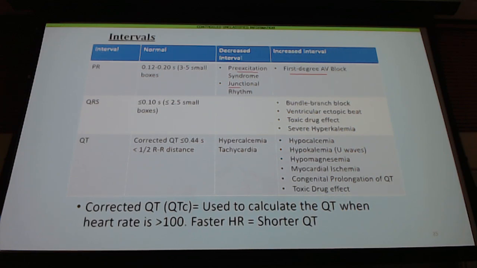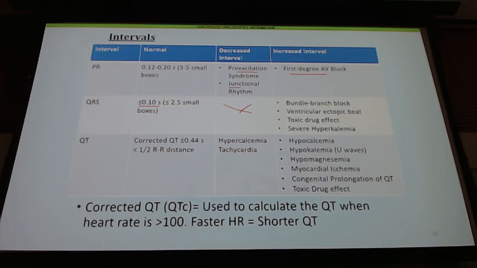When we look at QRS, normally it should be less than 0.1 second or less than 2.5 small boxes. You can see there's really not a good pathology that shows that being smaller, so that's not relevant to us. But we can get wide complex QRSs, where that QRS duration is larger than 2.5 small boxes or more than 0.1 seconds.